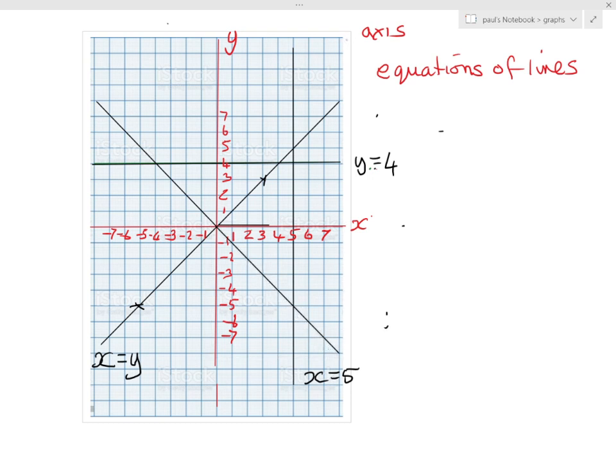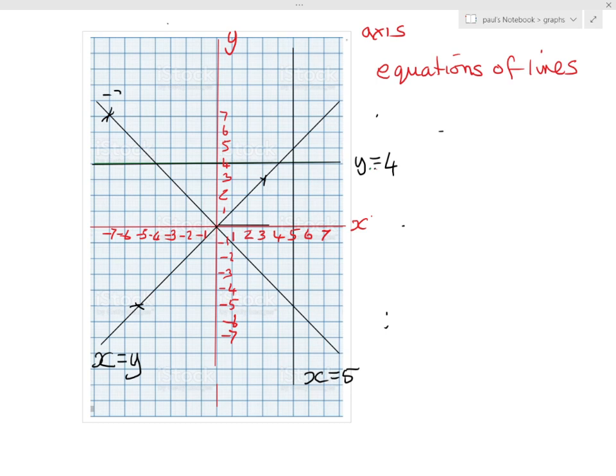Right, so let's have a look at this top left hand corner. If x is minus 7, y is 7. Therefore, they are opposite. One's a negative, one's a positive. Down here, the x is positive and the y is negative. So they're the same as each other in value, but they're opposite polarities.